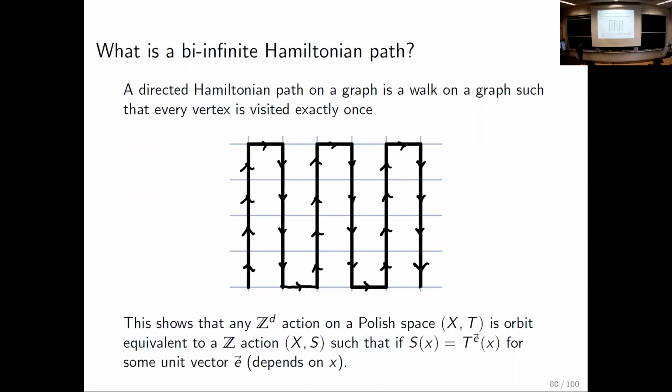So I have this picture where you have boxes, and in all of these boxes you have some portion of the bi-infinite Hamiltonian path. Now you take a big box, and you want to extend the bi-infinite Hamiltonian paths to this bigger box.